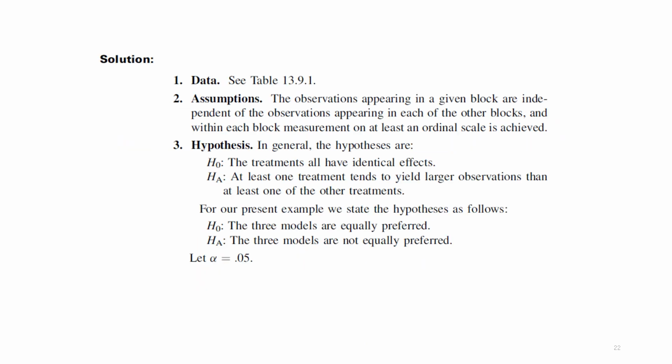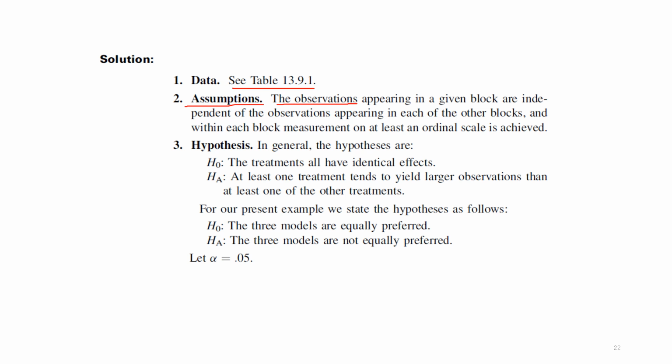Okay, then the solution. The data is the previous table, and our assumption is about the observations appearing in a given block. Here each individual therapist is regarded as a block. For the first therapist, the 1 to 3 decision is not related to the other therapists.